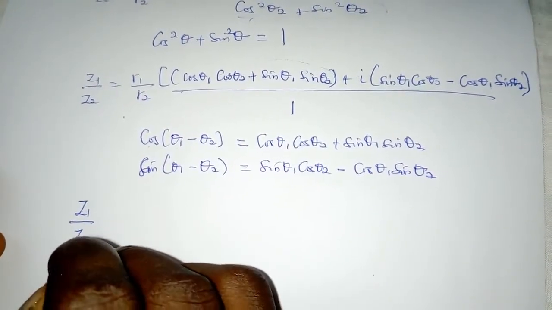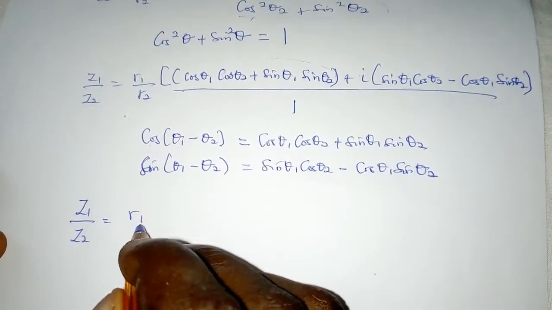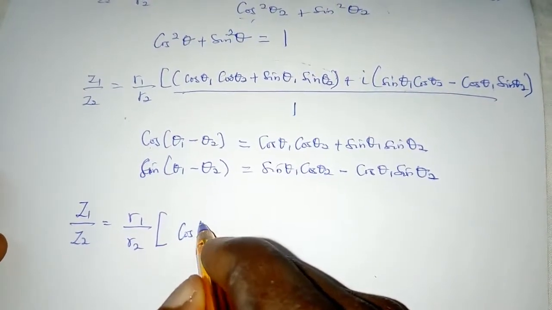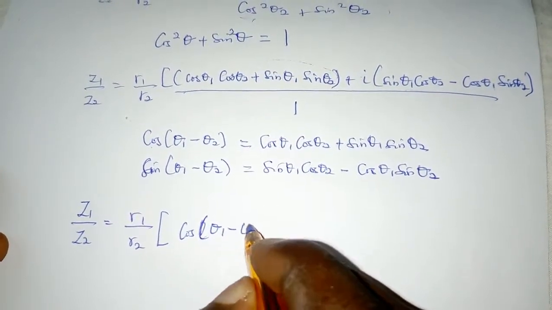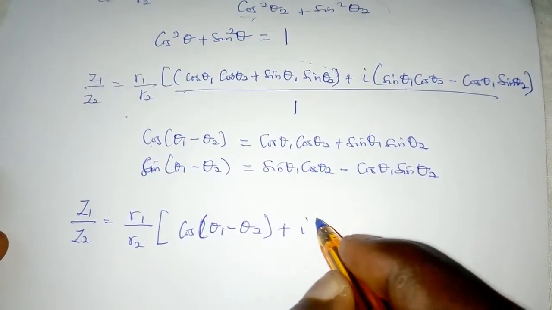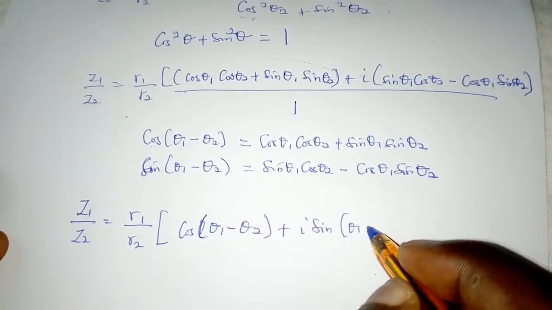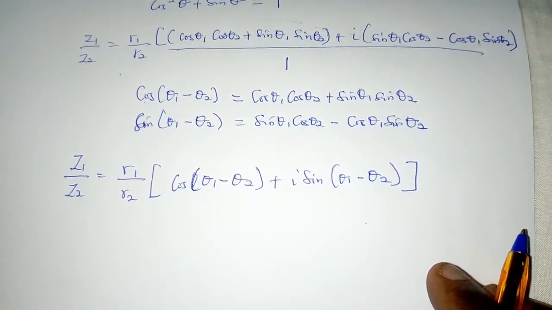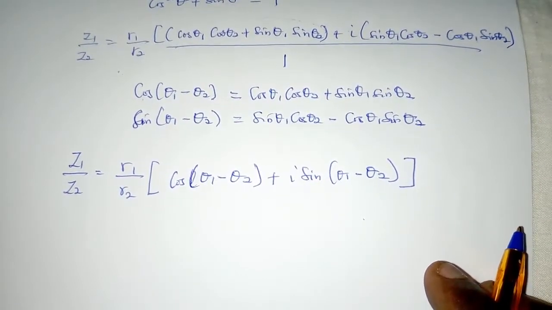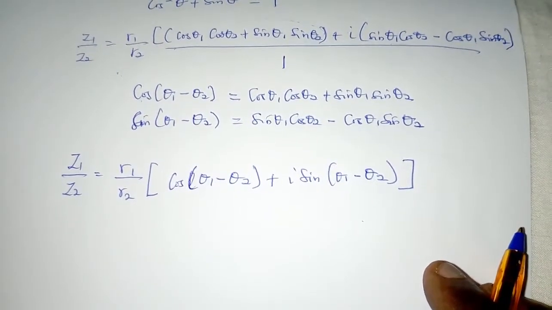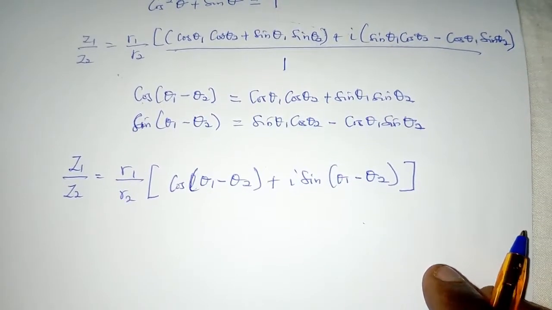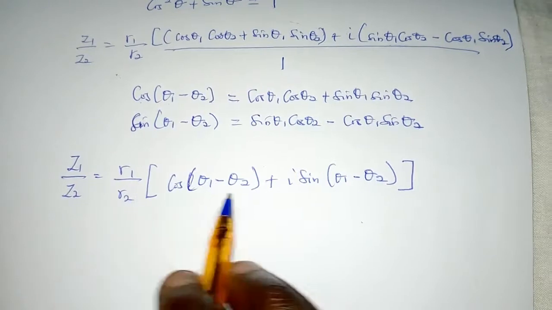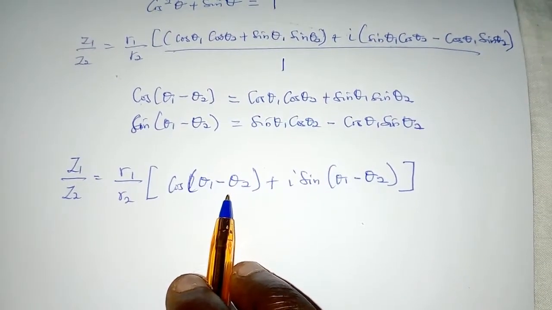So it turns out to become r1 over r2 multiplying cos of theta 1 minus theta 2 plus i sine of theta 1 minus theta 2. With this important result, in dividing two polar complex numbers, it's just a matter of dividing the radii and then subtracting the angles.